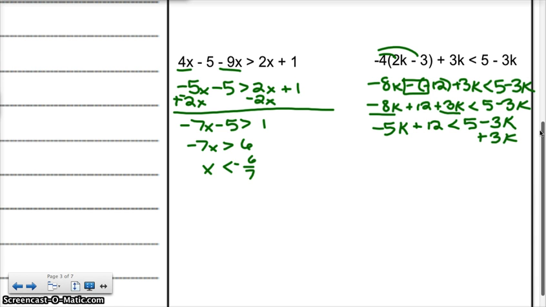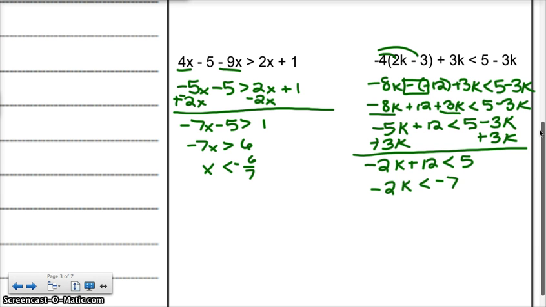Plus 3k, plus 3k, negative 5 plus 3, negative 2. K plus 12 is less than 5. Subtract 12. Divide by a negative. I'm going to MDNF it. And it's going to end up being a positive 7/2 because negative 7 over a negative 2 turns to positive. X is bigger than a positive 7/2.